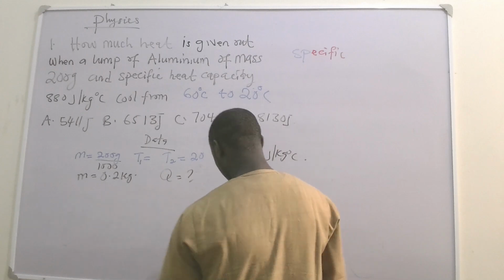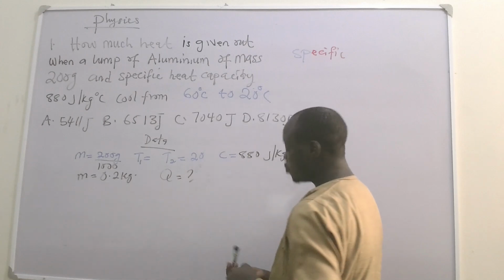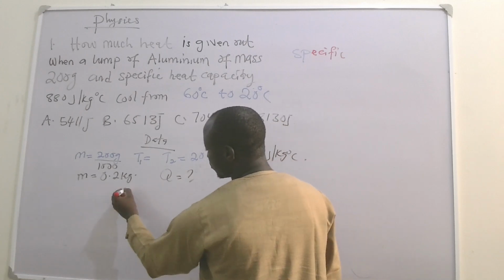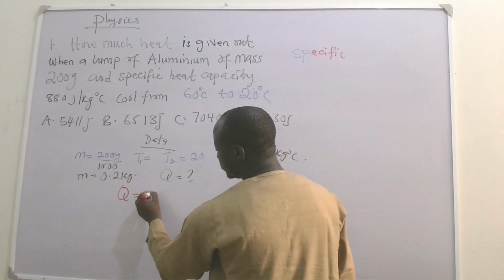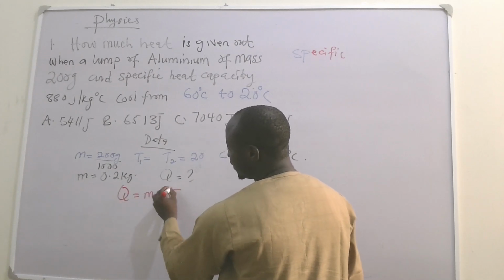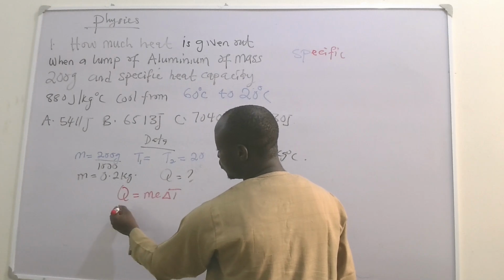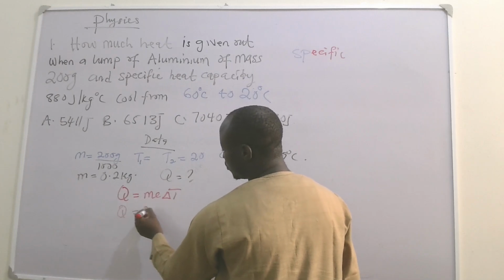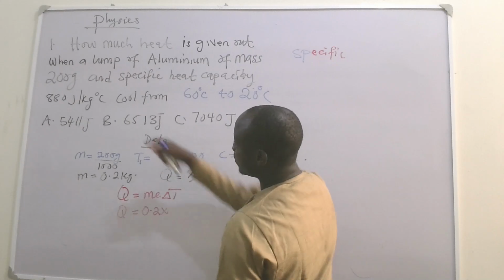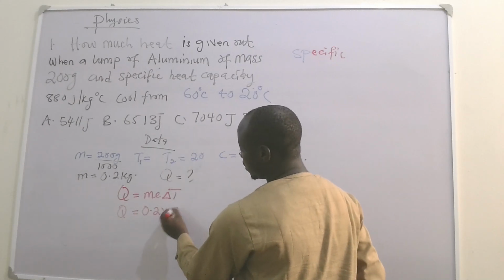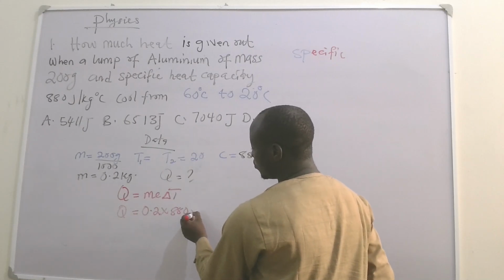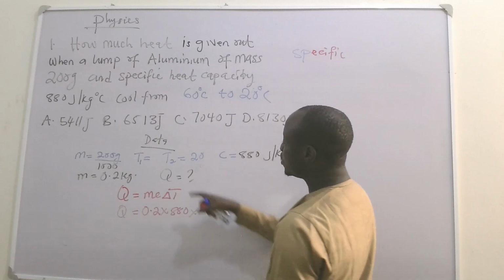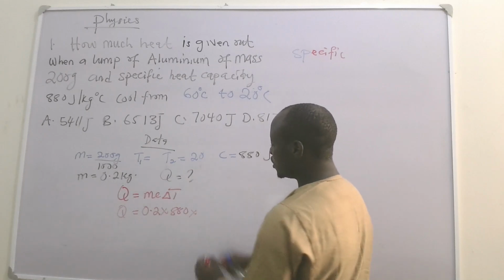So our Q is equal to mc delta T. We have our Q, which is unknown, we have our mass 0.2, we have the specific heat capacity, which is 880, and then we have the change in temperature, which is theta 2 minus theta 1.